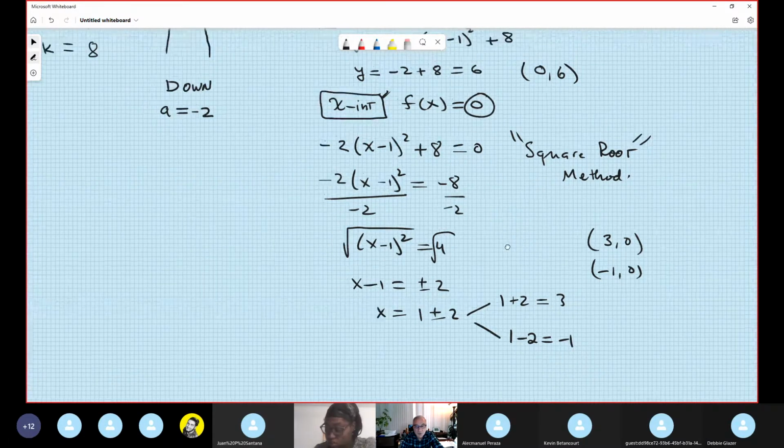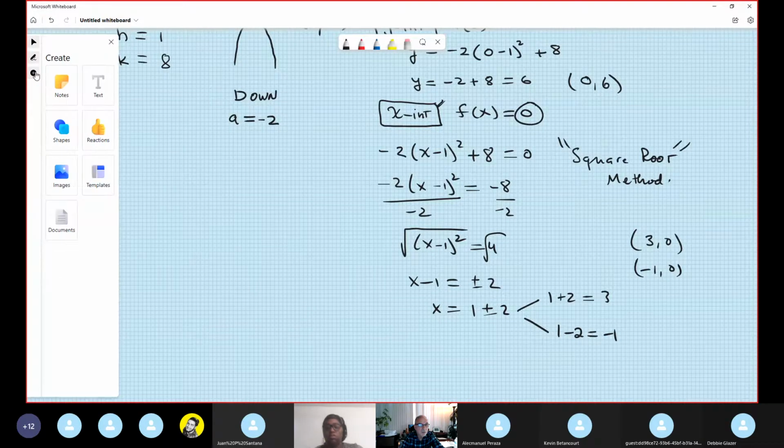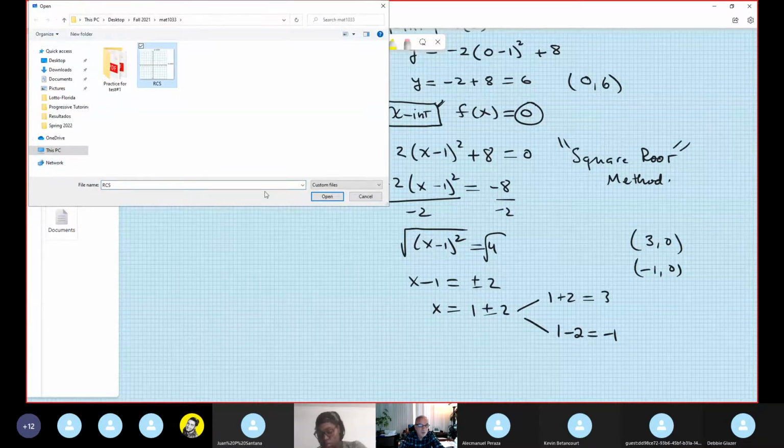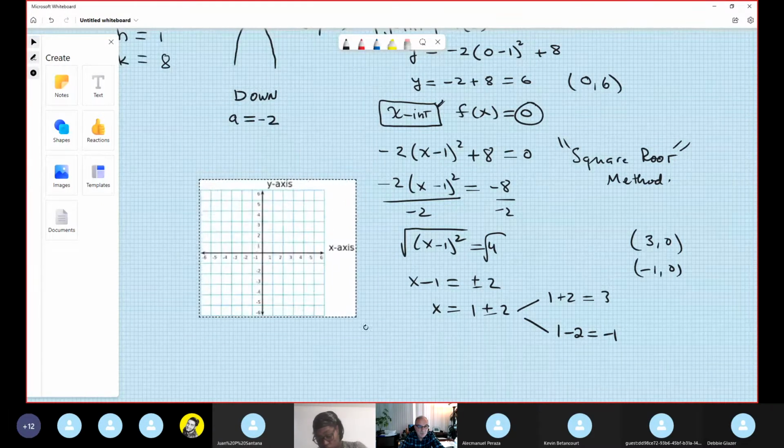Let me now try to do a rough sketch by hand of the parabola. At least in this part, I want to do a rough sketch. After, you can see it more clearly. Suppose this is my rectangular coordinate system.